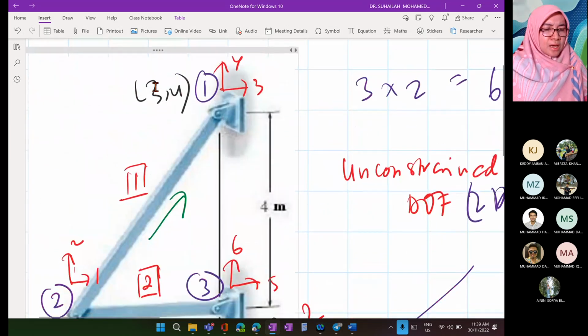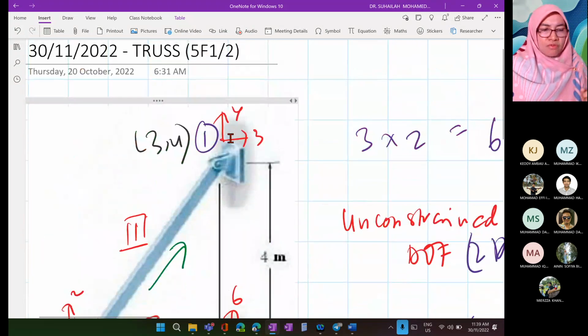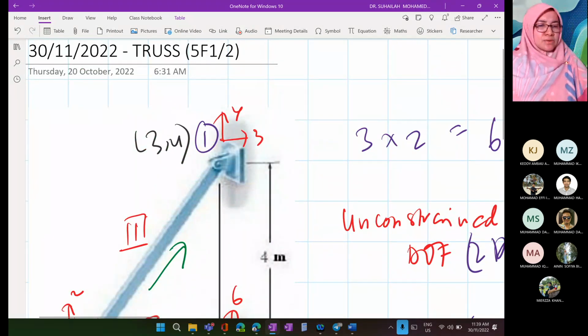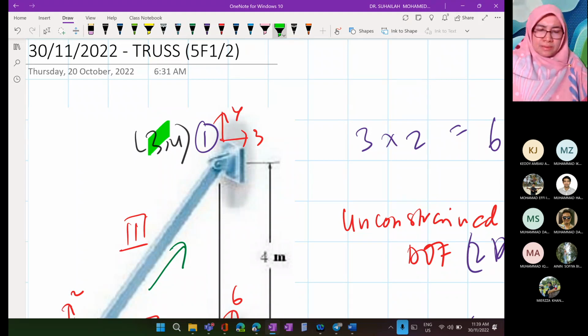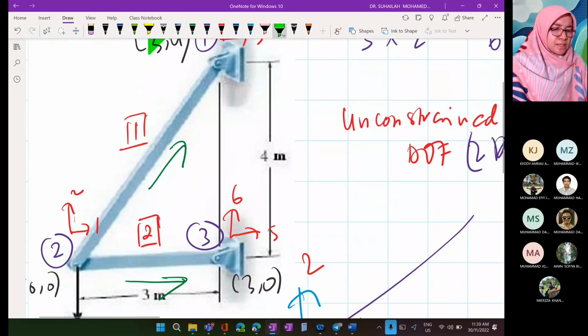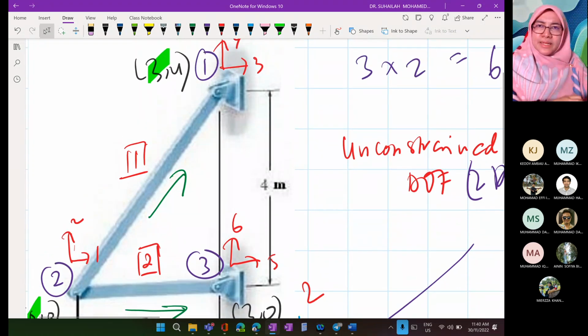Looking at element number 1, far is 3, near is 0. We get 3 as far because we refer to the arrow.